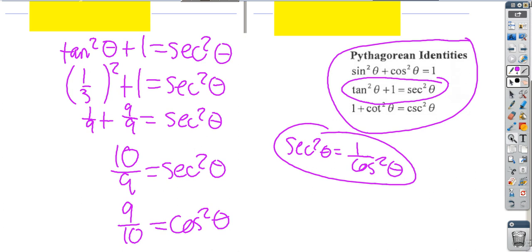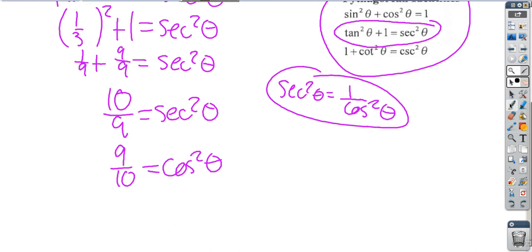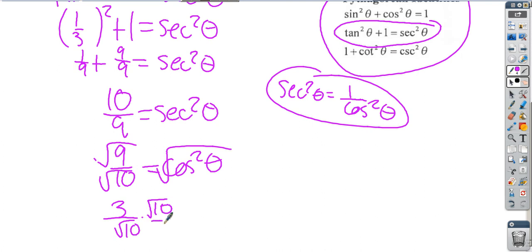Cos squared, if you want to find that, you flip over sec squared. If you want to find sec squared, you reverse cos squared. So we don't want cos squared, we want cosine. So we're going to square root this, and we get square root of 9 is 3 over root 10. And we'll rationalize the denominator right here. So we get 3 root 10 over 10. That will be equal to cosine of theta.